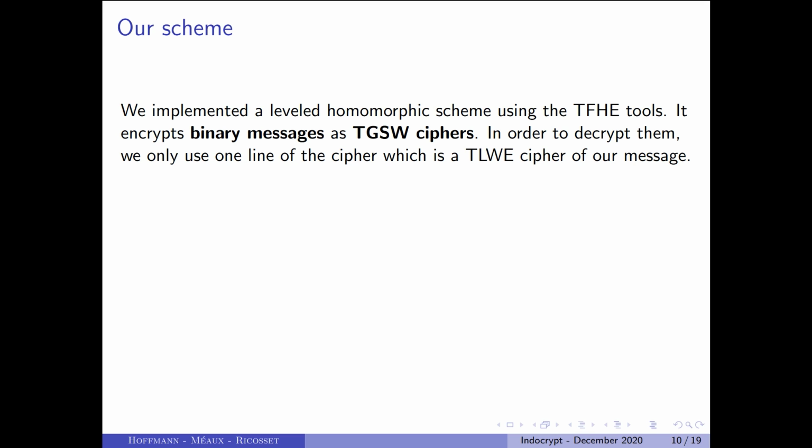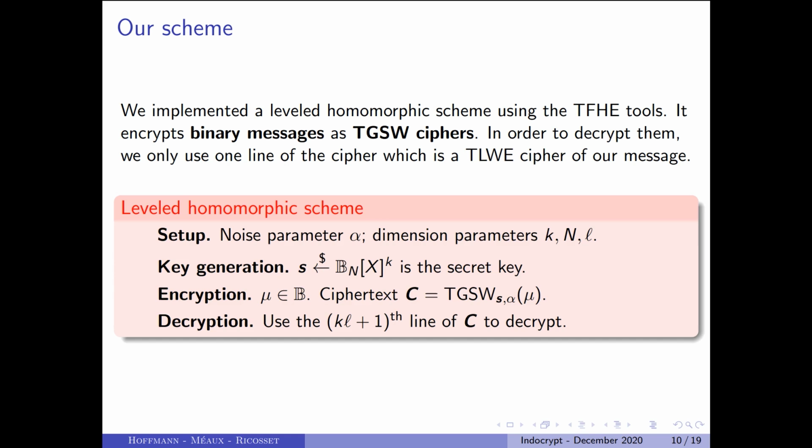The binary messages choice comes from the fact that when you perform multiplication, the plaintext norm appears in the error formula, and we want the error to remain small so that we can make multiple multiplications, and that's why we have small messages.